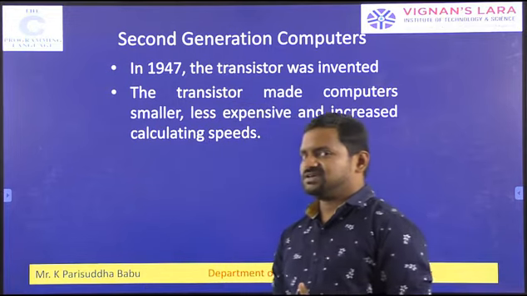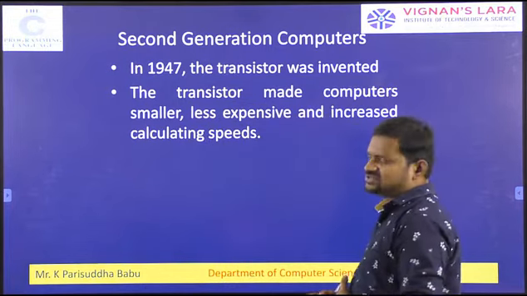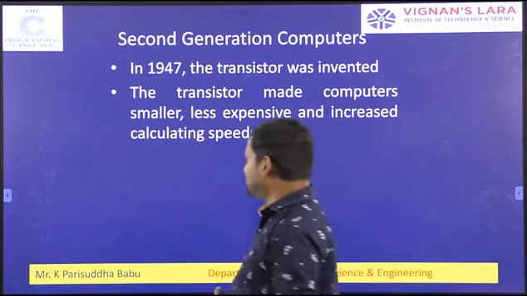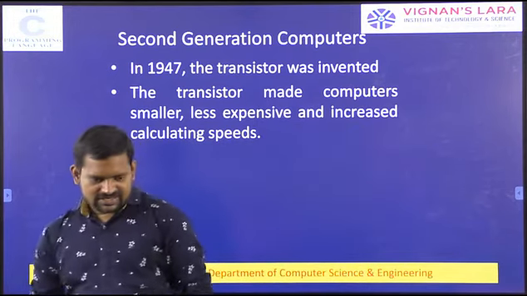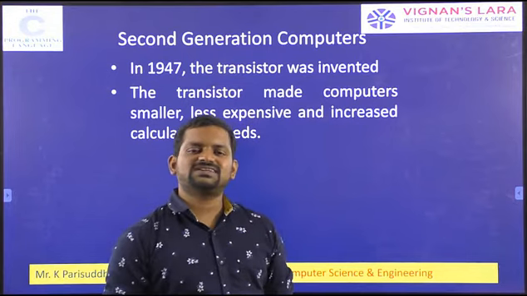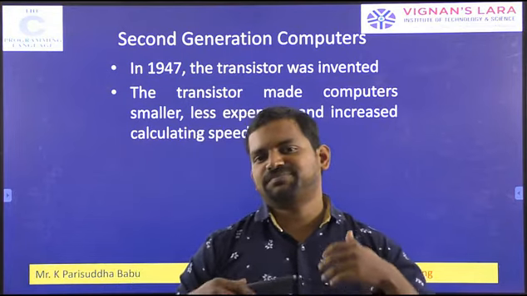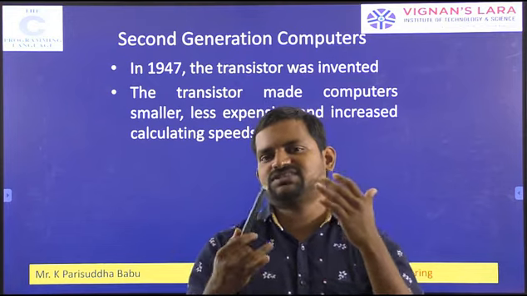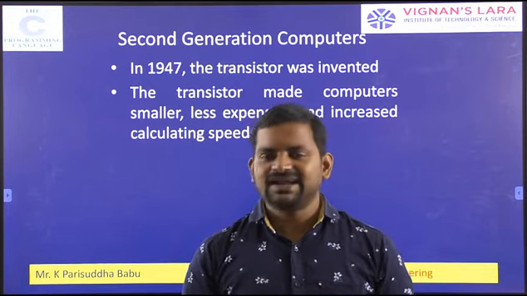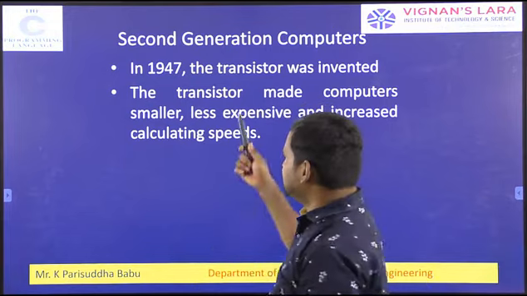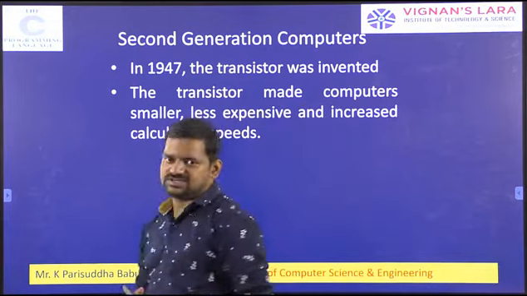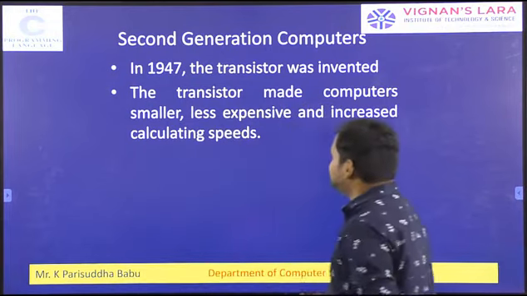So in the previous class, the first generation systems were all completed. Now we move to see the second generation computers and what major changes happened in them. Let's start.